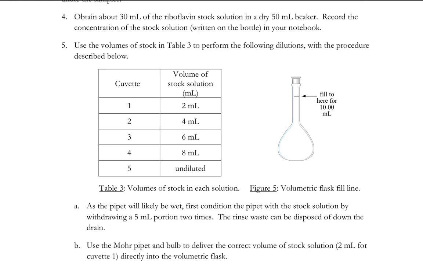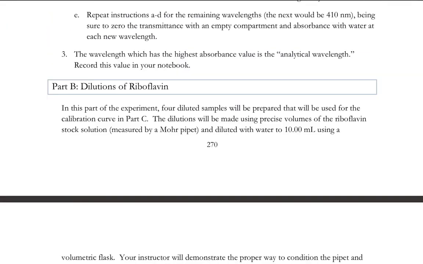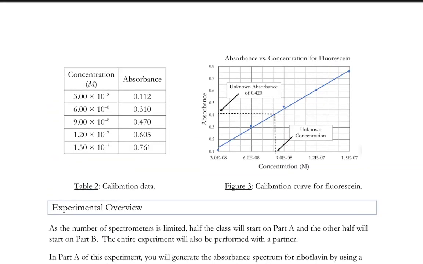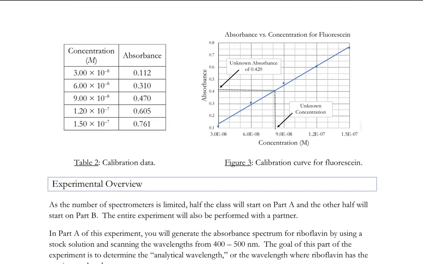So we will have these 5 different concentrations, and we will then, in our spectrometer, measure the absorbance of each dilution. Now, we will have to determine the concentration of each solution. So we do that using the equation M1 V1 equals M2 V2.